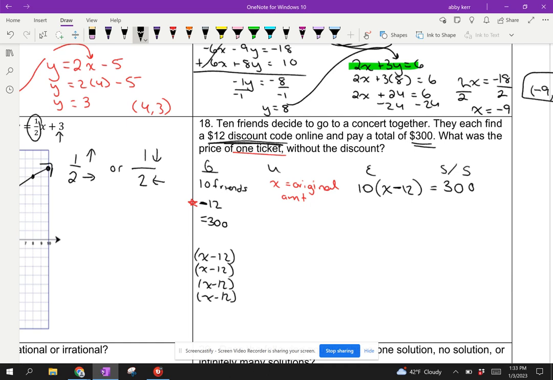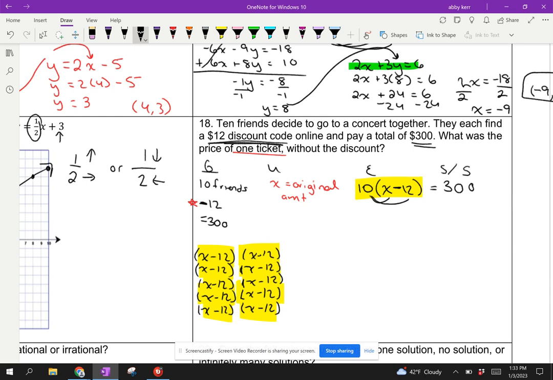So if I wrote this 10 different times, which is a lot, it would be the same thing as what I just wrote to the right. Now, there has to be an easier way than writing all of these down. So one friend got $12 off, another friend, so on and so forth until all 10 of them got $12. So an easier way of writing it is writing 10 parentheses all of that.